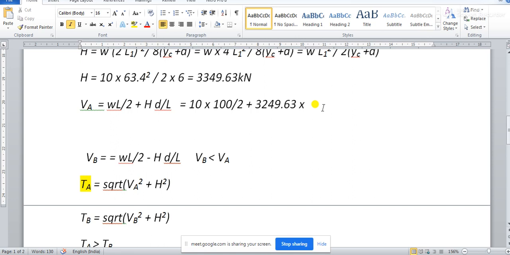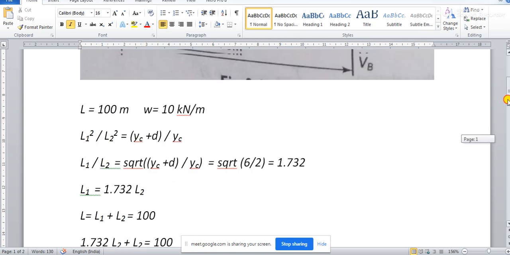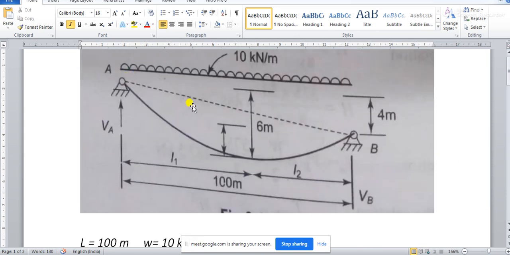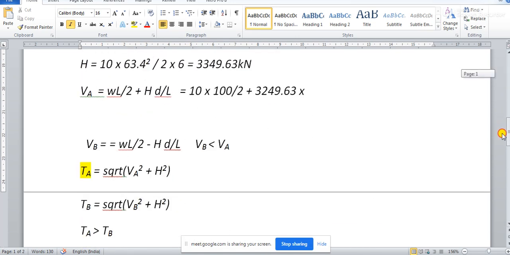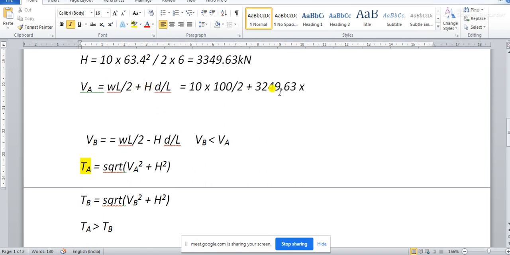And what is D? D is the difference in level between two supports. If you see the diagram, the difference in level between the two supports is 4. So that is D divided by 100. If you calculate it, how much will it come?